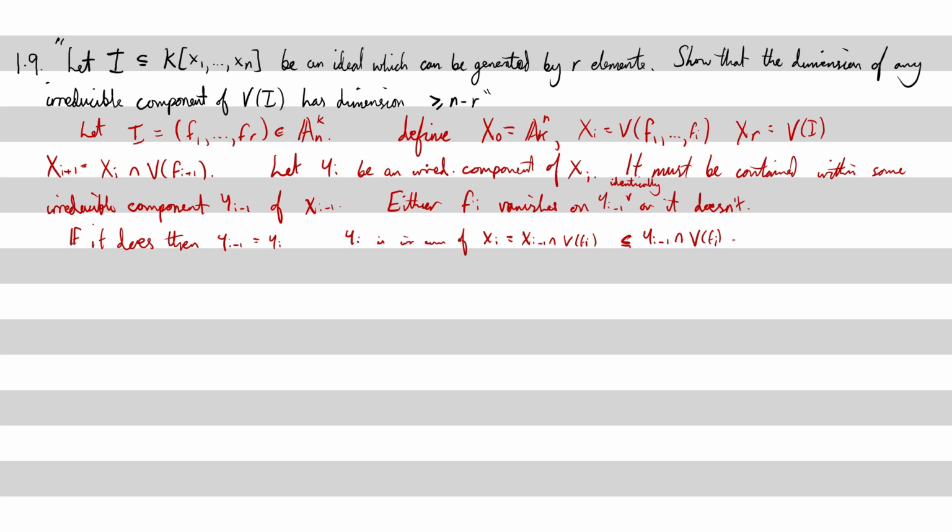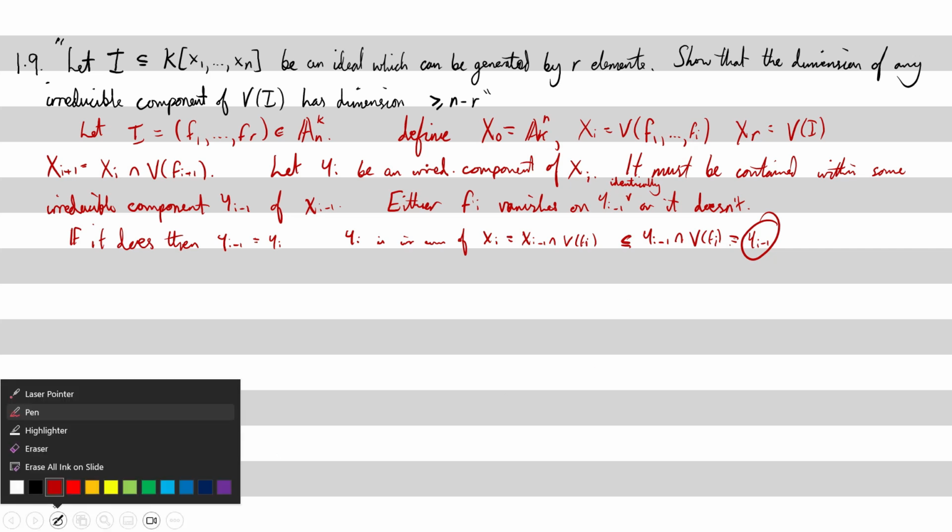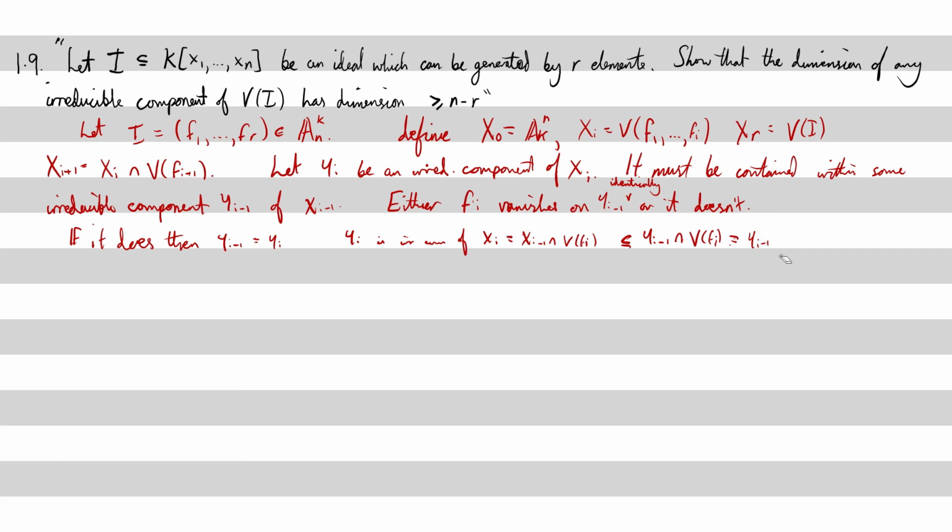So then this is equal to Y(i-1), but then this would be an irreducible component of Xi as well, which means that Y(i-1) equals Yi, because they're defined not to be subsets of one another.